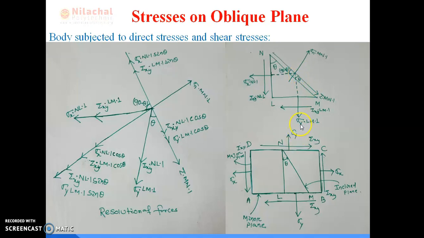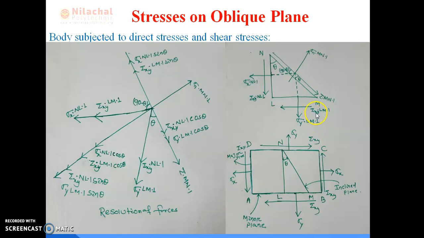We have sigma y along the vertical direction and sigma x along the horizontal direction. Sigma x is acting upon the NL side having thickness 1, so the force is sigma x NL into 1. Along ML, sigma y is acting with thickness 1, so the force is sigma y LM into 1.